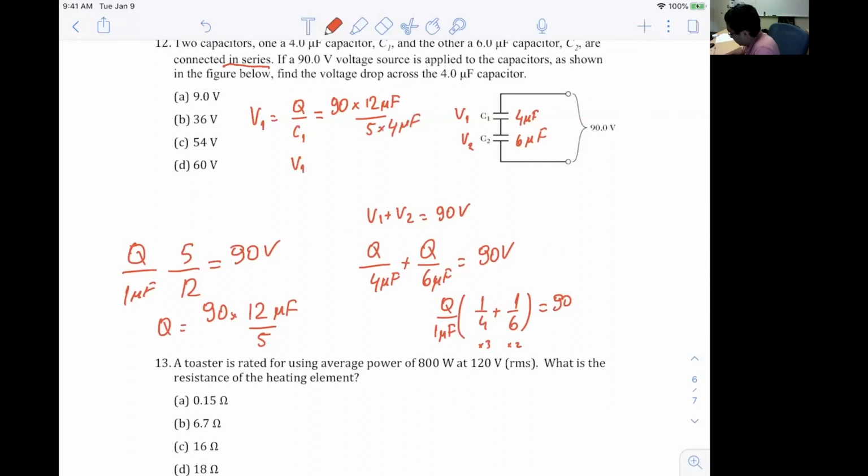So V1 is 90 times 12 divided by 20, which is going to be 54 volts. I didn't find the final Q here because it doesn't need it, since it cancels with the microfarad. Let's make it easier. If you want, you can find the total Q and then calculate the potential V1.